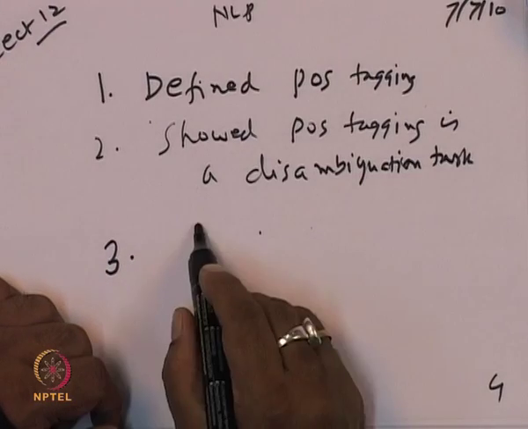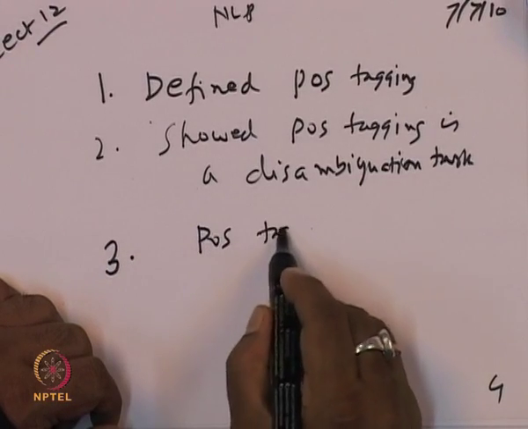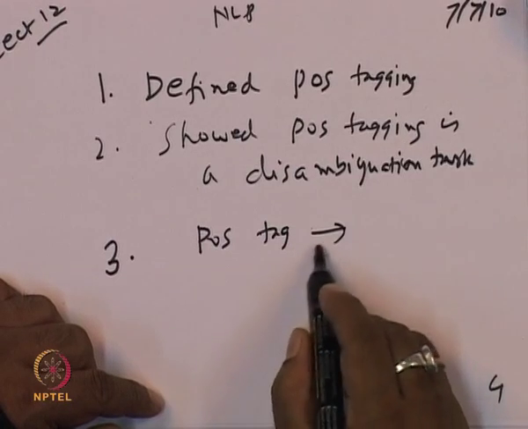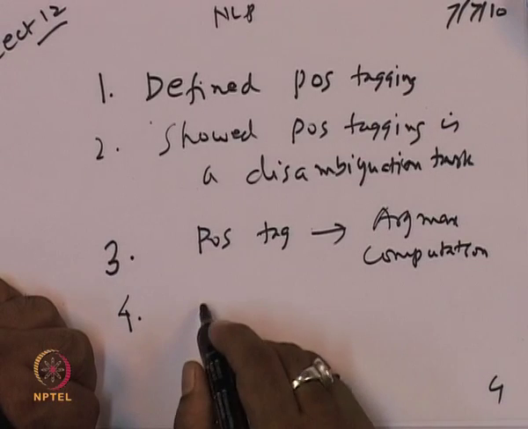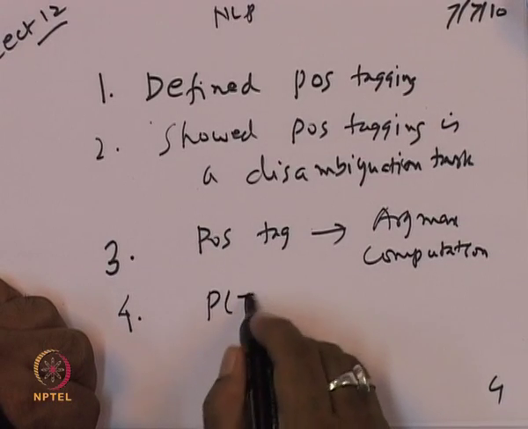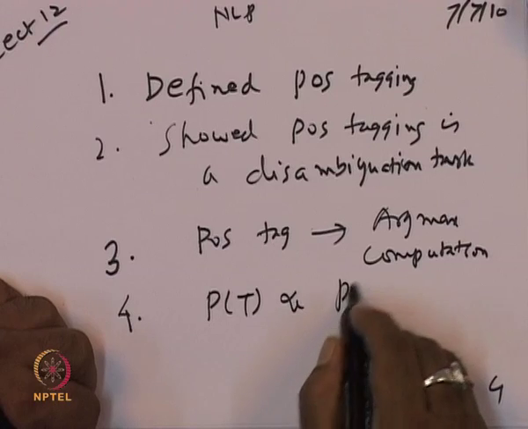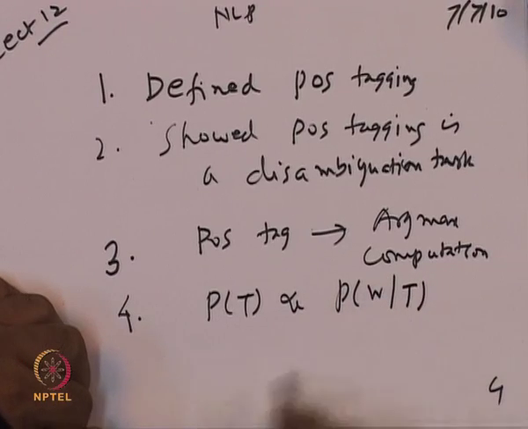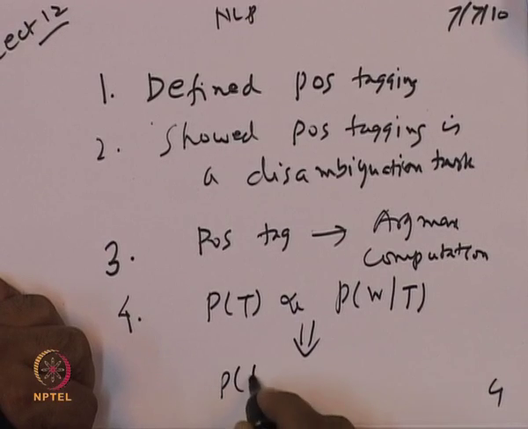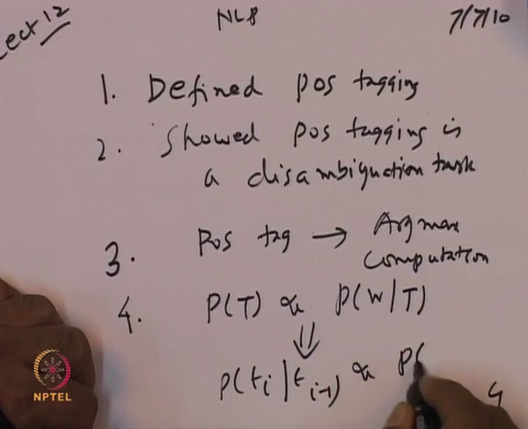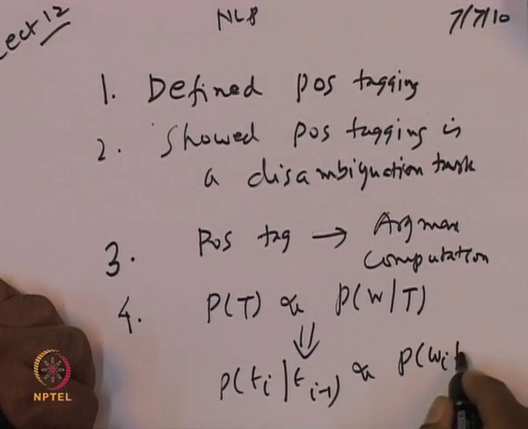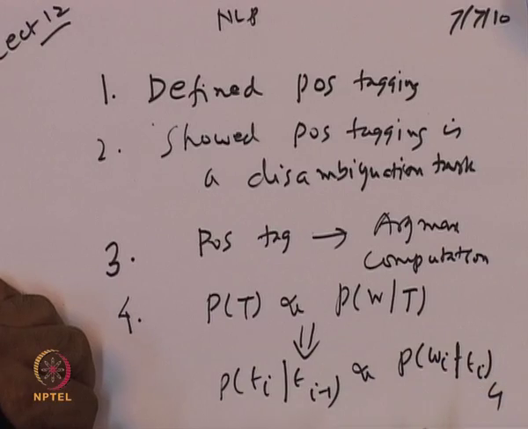Third, POS tagging is nothing but argmax computation. We have to compute P(t) and P(w given t), which is computed by means of P(t_i given t_(i-1)) and P(w_i given t_i).